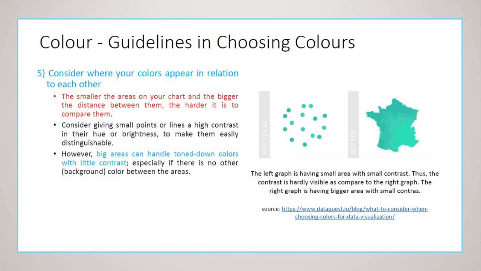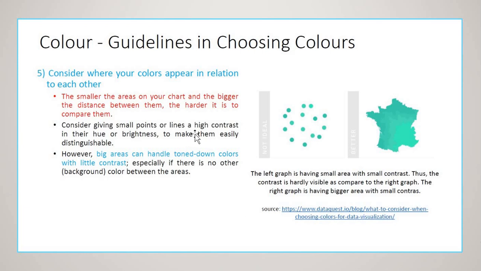Okay. And then another guideline in choosing colour, consider where your colours appear in relation to each other. The smaller the areas of your chart and the bigger the distance between them, the harder it is to compare them. Okay, for example if you want to use a scatter plot, colours that are more or less the same are not suitable. Because the smaller the area, like these dots, even if the colour is different, you will not be able to see it. It is not obvious when you want to compare.